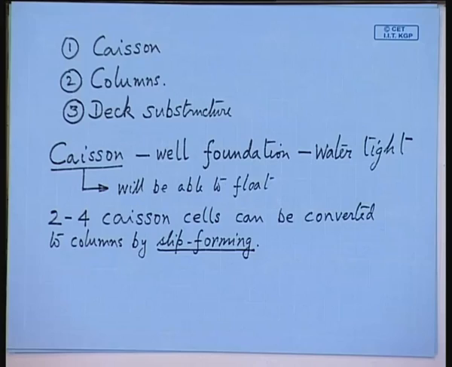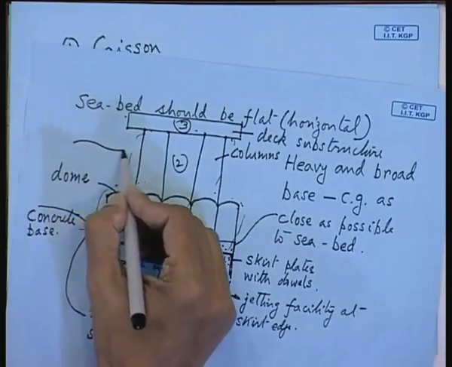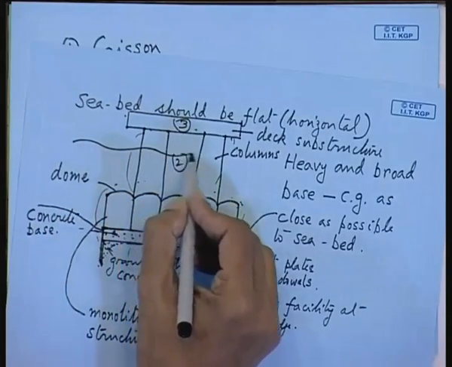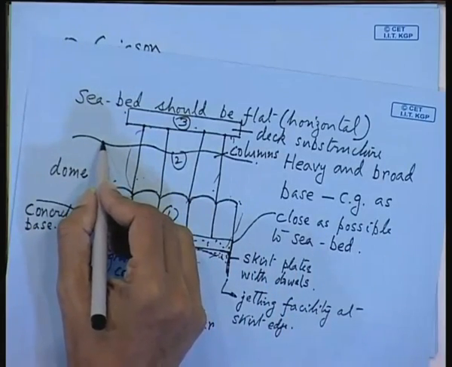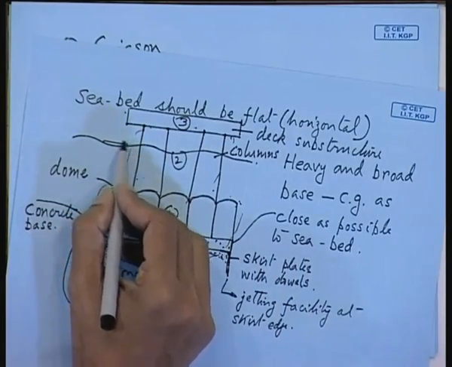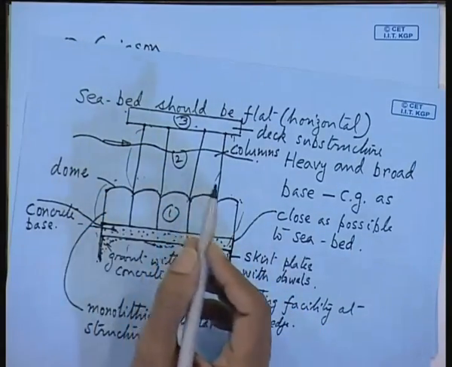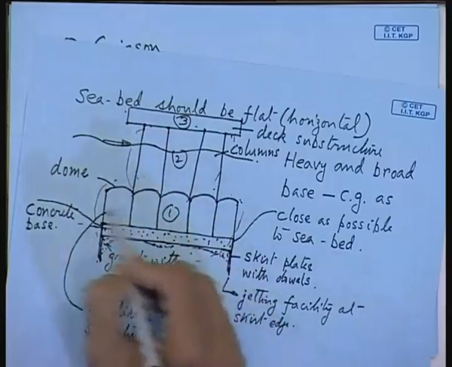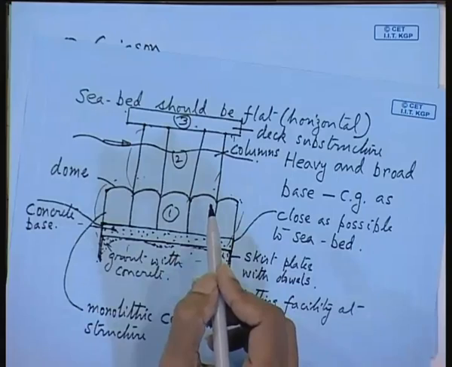The point to be noted is, these are your waves. So wave load is coming somewhere here. Now here you can see that your main wave load is actually taken up by the columns, not by the caisson.